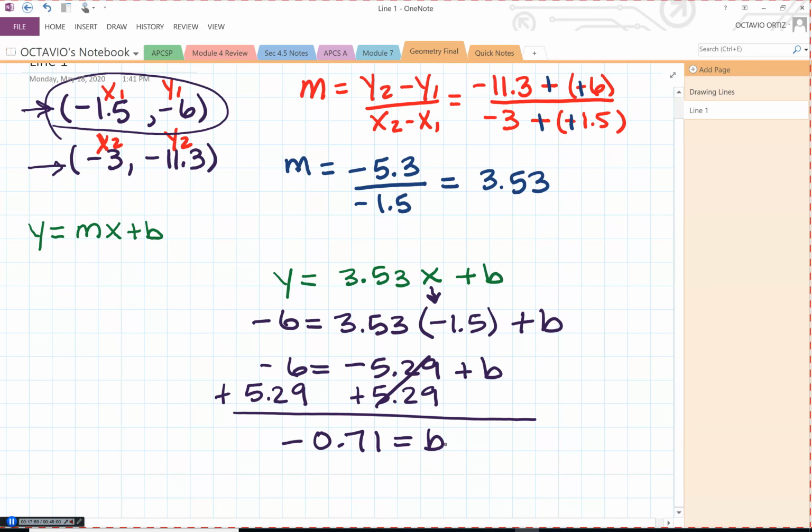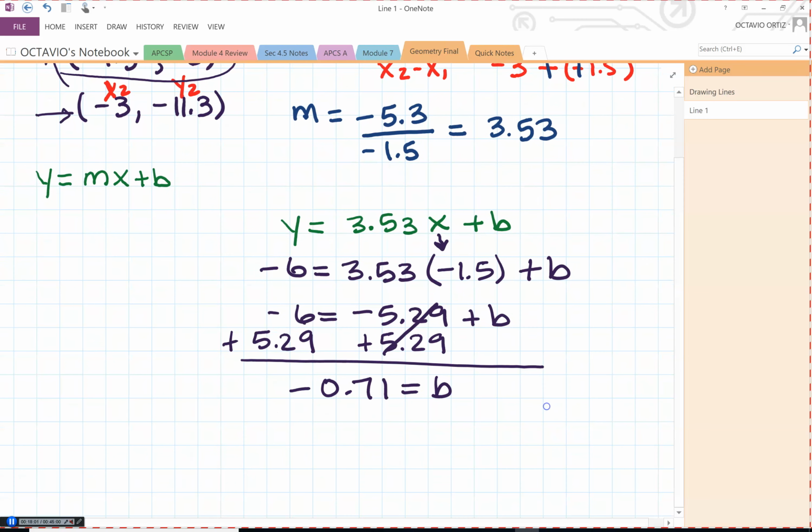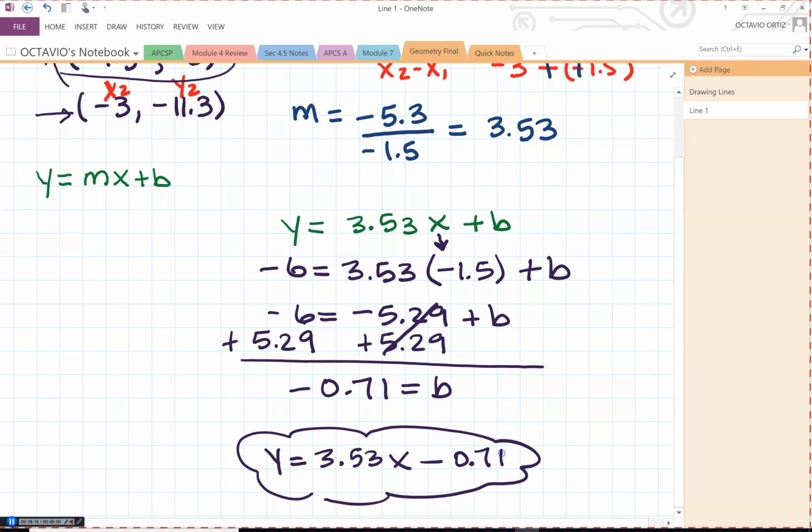And my final equation is going to be y equals m, the slope, that's 3.53, x minus 0.71. And that's what I'm going to plug in to Desmos.